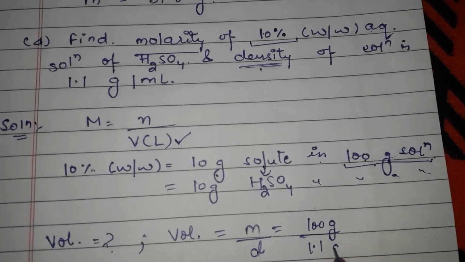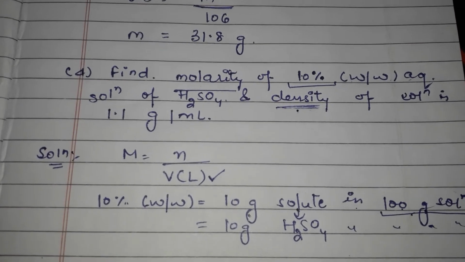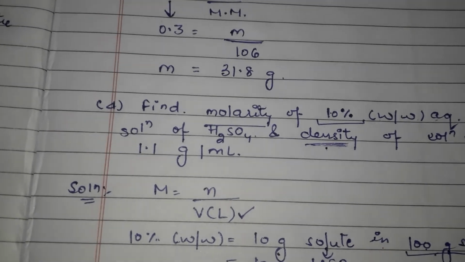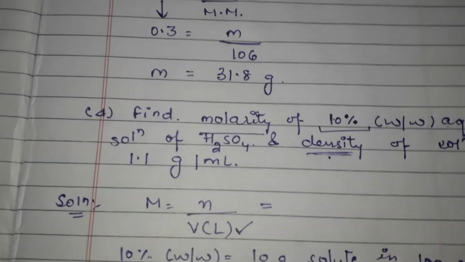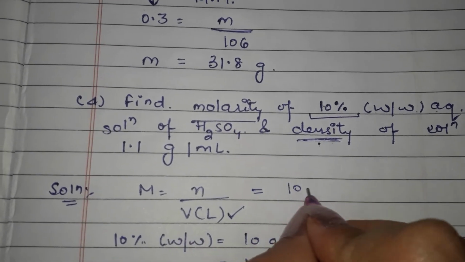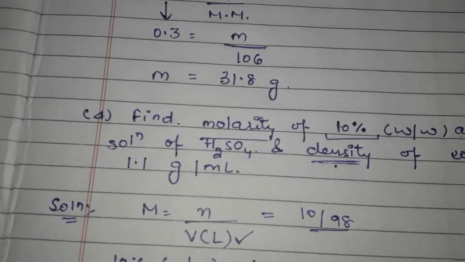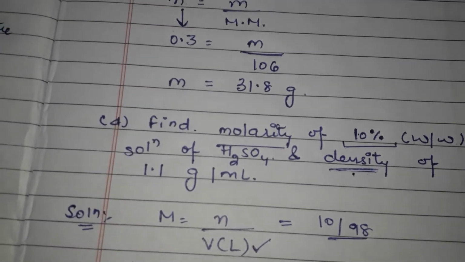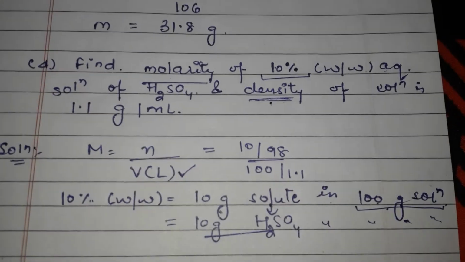Density is 1.1 gram per ml. Okay, when we put all the things here, number of moles: 10 gram solute given, and its molar mass is 98, and volume will be 100 upon 1.1.